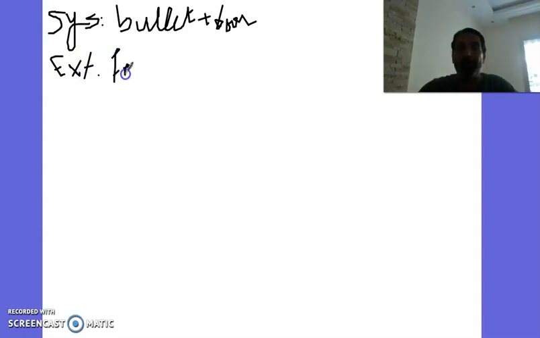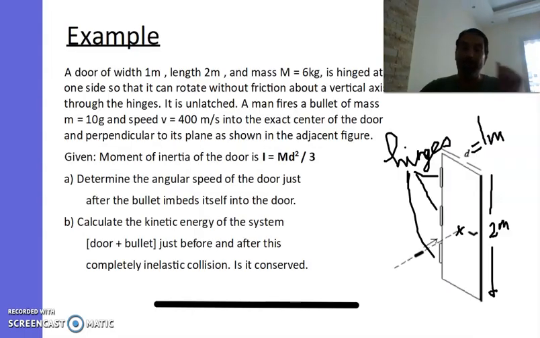We have the weight before and after collision: the weight of the bullet, mg, vertically downward, and the weight of the door, also vertically downward.